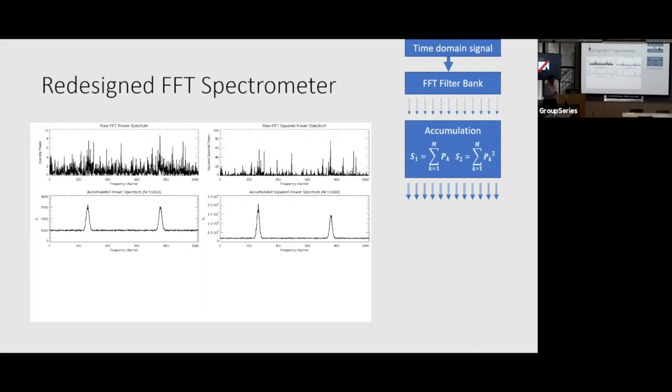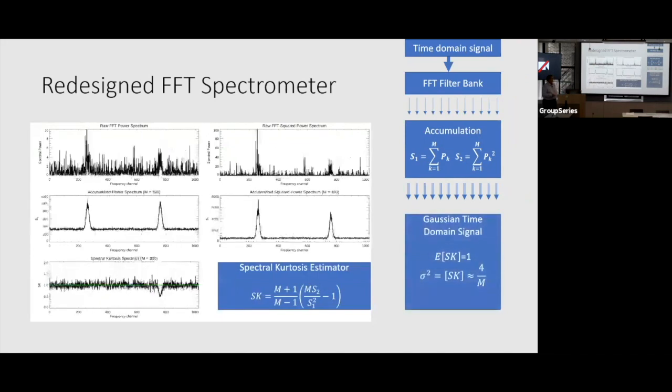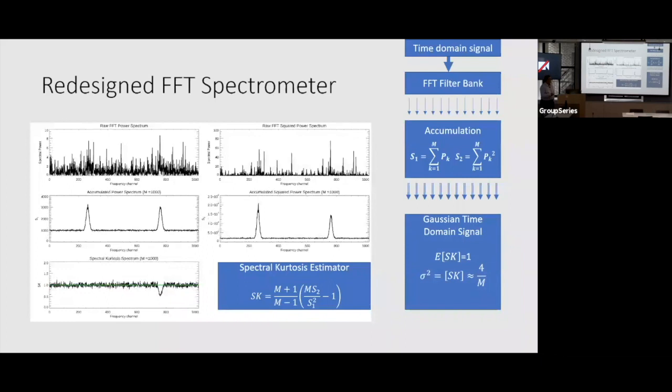But here comes the magic of statistics. You build the spectral kurtosis estimator, which is just a combination of these two sums: S2 divided by S1 squared, and you get something that is flat everywhere, except for some features in your spectrum.